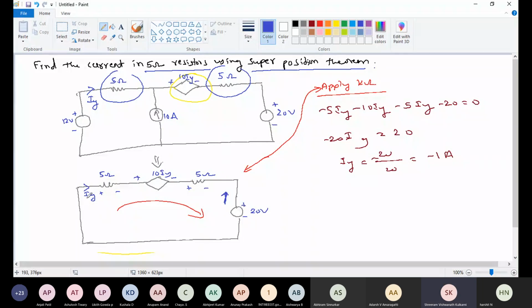It is not supporting this IY current. So I'm going to call this IY triple dash, that is 1 ampere in this direction, is nothing but minus 1 only.